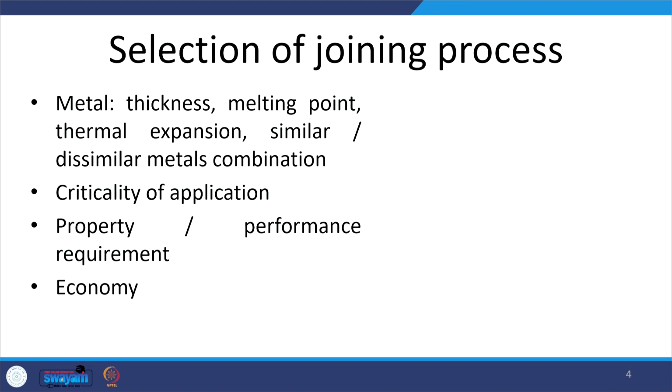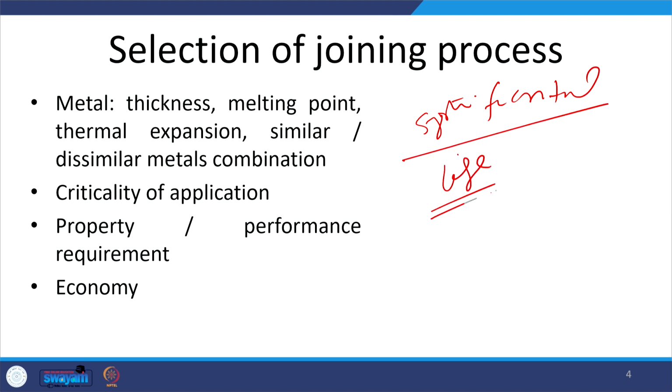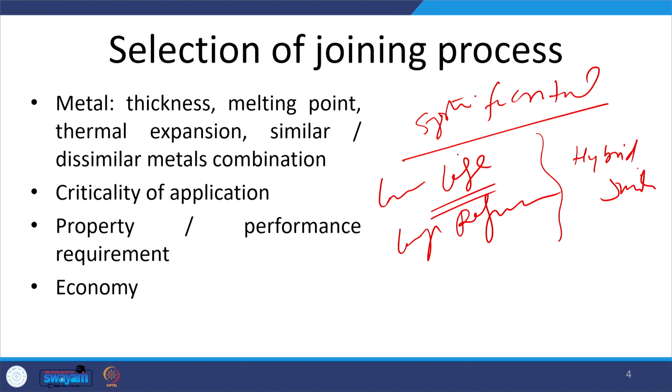There can be another scenario where we go for systems for critical applications where not just the loss of life is important, but also the long term performance is important. There, we go for the application of hybrid joining. In hybrid joining, we use two processes together for improved joint performance.